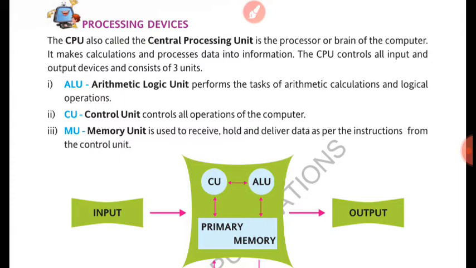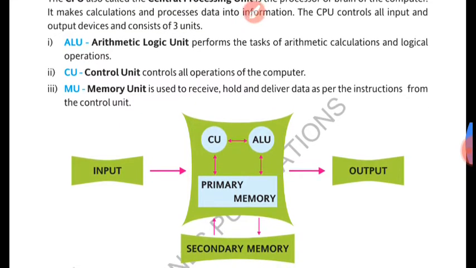Remember that. In our computer system, the CPU is a processing device. We also call it the central processing unit, and we also call it the brain of the computer. If there is no brain, of course there is no processing. In this CPU there are some units: ALU, CU and MU.